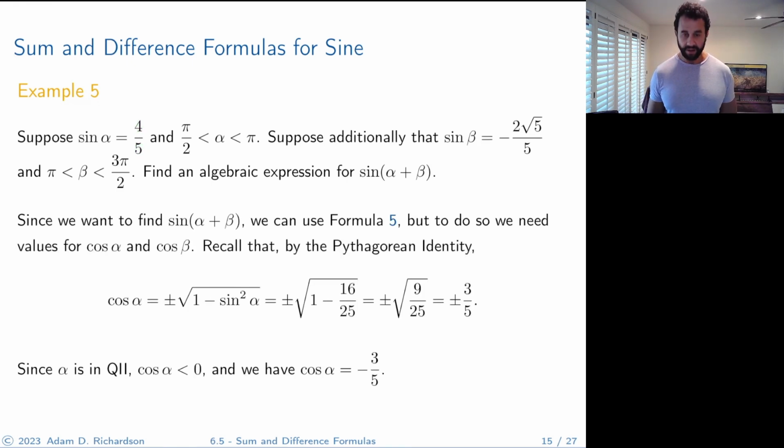Cosine of alpha using the Pythagorean identity is going to be this. But we have an expression for sine of alpha. So within this radical, we know that sine of alpha is 4/5. So 4/5 squared is 16 over 25. And then we get this once we simplify.